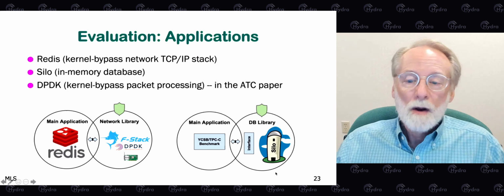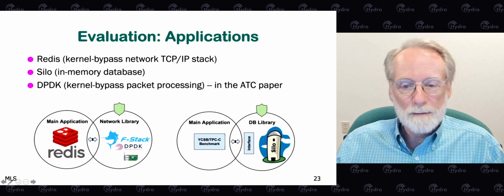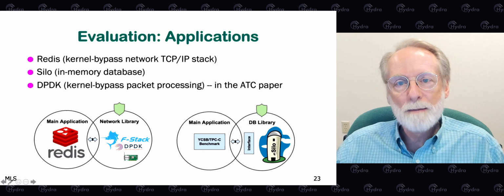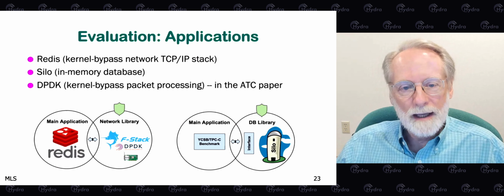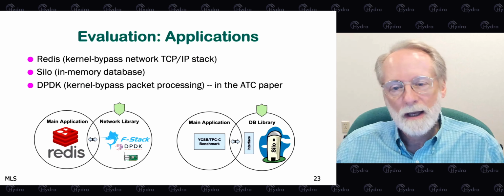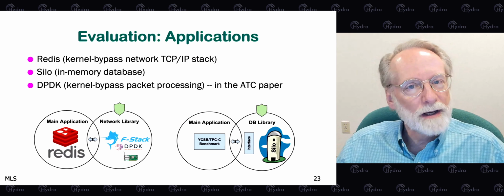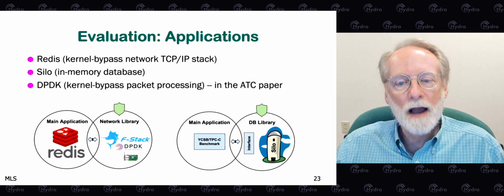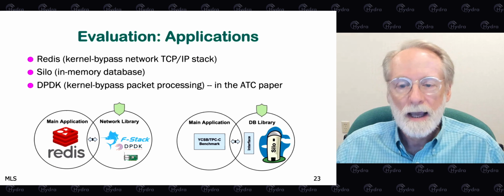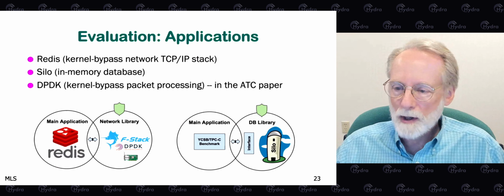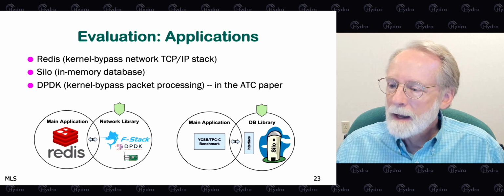On the right, we took the Silo database, which is an in-memory database designed to be linked as a library into a multi-threaded application. Silo is not meant for sharing across applications. It's designed for use inside a single high-performance multi-threaded application, and it's used in a variety of commercial systems these days.